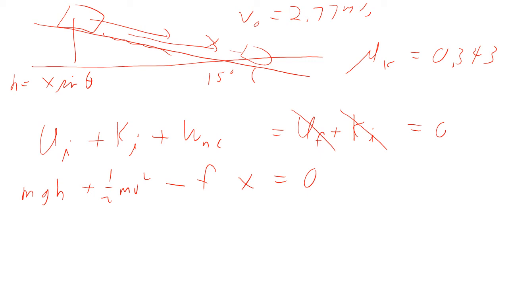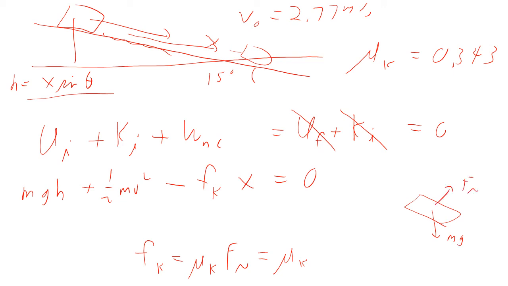We know what h is, so all we've got to do is find the friction. That's going to be mu sub k times the normal. Well, what's the normal in this case? A free body diagram would tell us that we've got mg, we've got the normal, some angle theta, so the normal is going to be mg cosine theta.